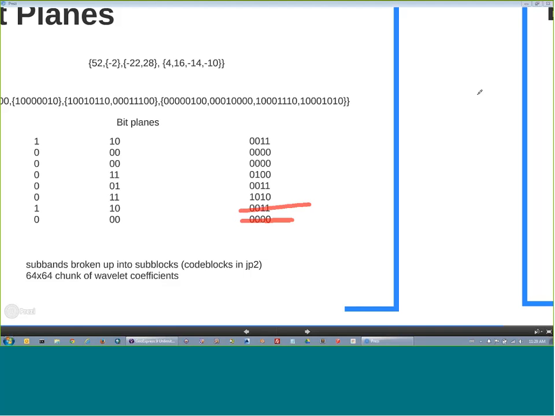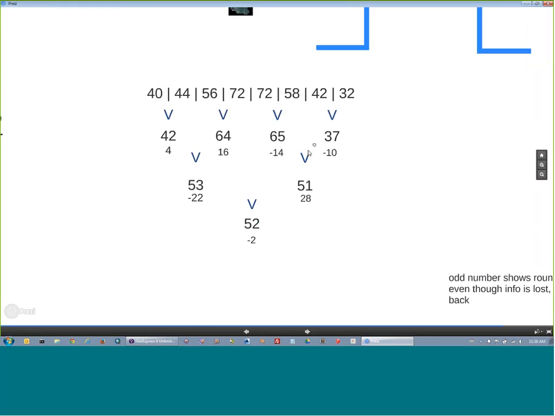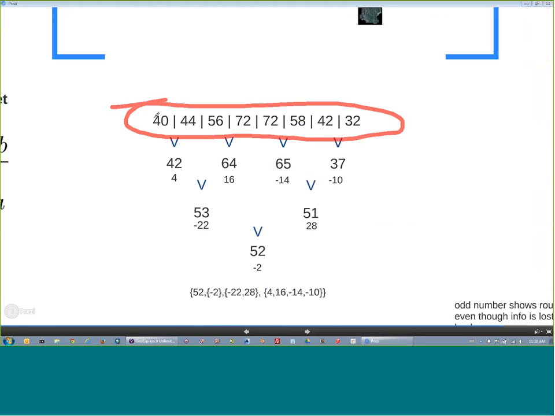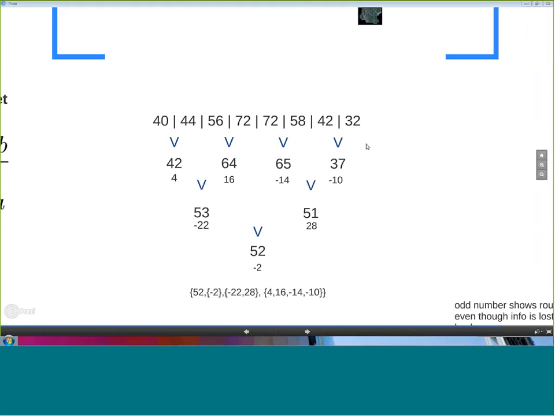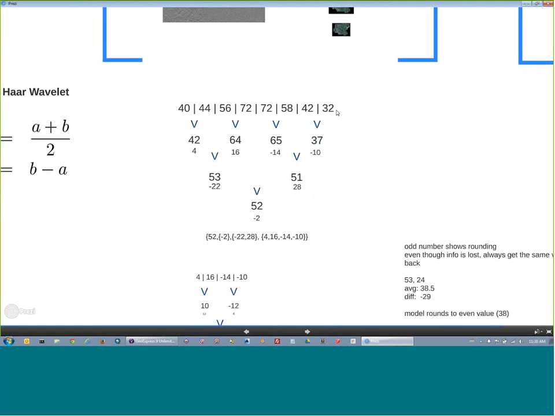But if we had done that so that we have a lossy file, we might see some loss when we get these original values back. For example, this 40 might change to 41. Not such a significant difference. Maybe this 72 would be 73 or 71. The differences wouldn't be that significant, but if there was loss, it would be in those pixels.